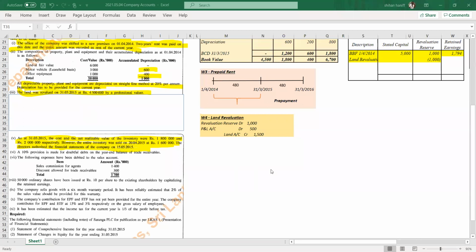Right? So this is an adjusting event. We need to adjust this 200,000. Now, version number 5. Closing inventory.